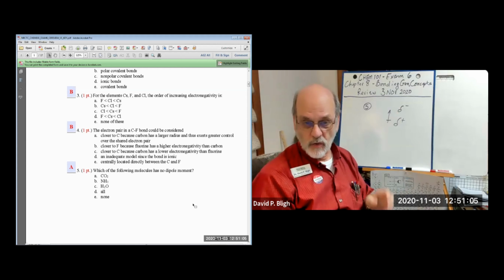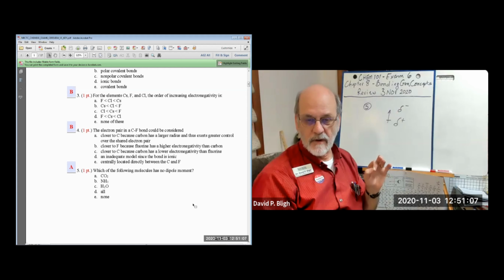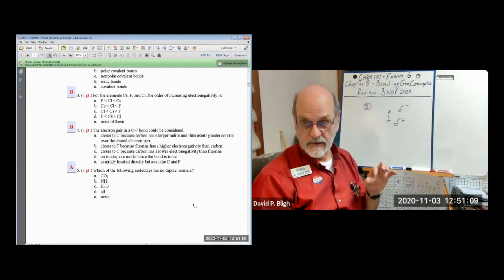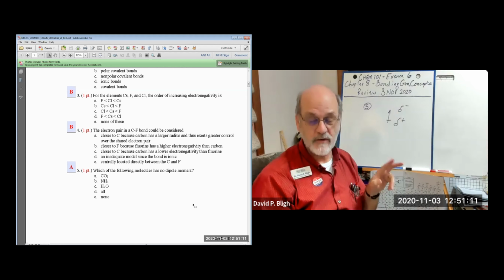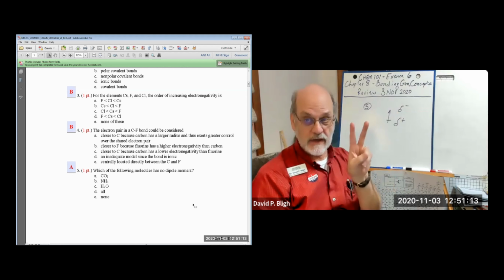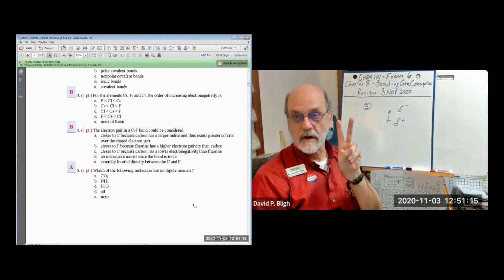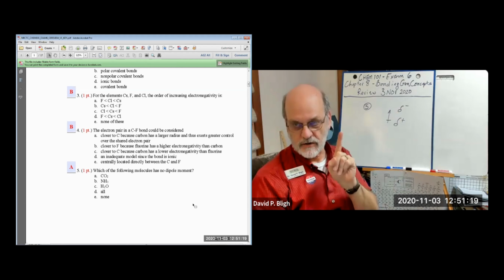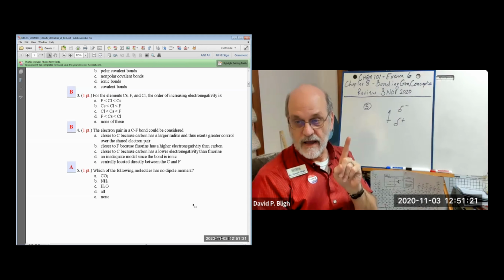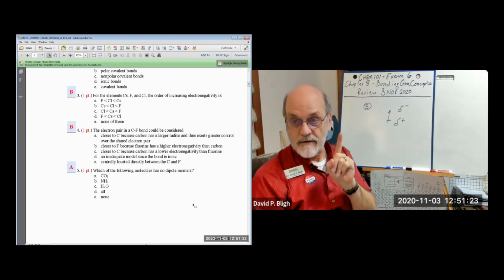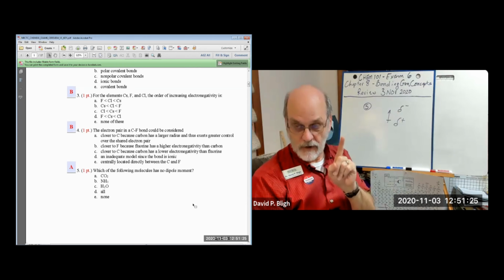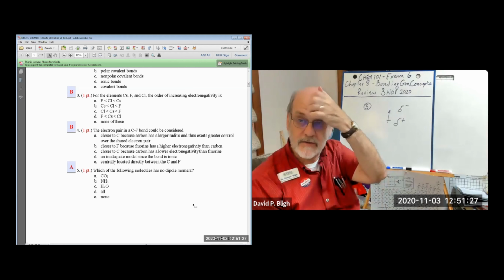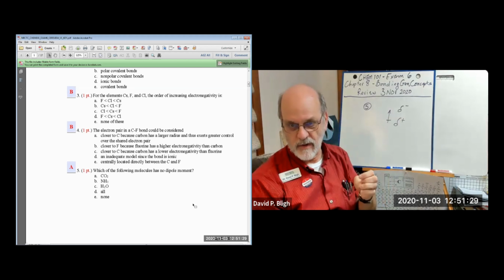In this case, we're looking for molecular dipole moment. So what do we need to know to answer that question? Two things. One is, does it have polar bonds? Do the bonds show dipole moment? And second, if there are dipole moments in the bonds, what is the geometry of the molecule?